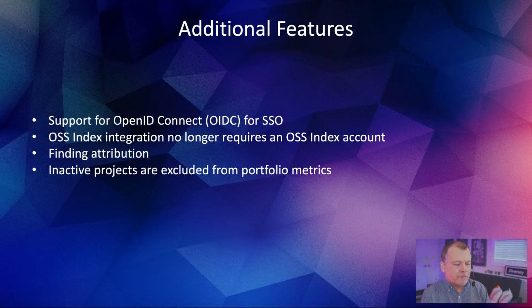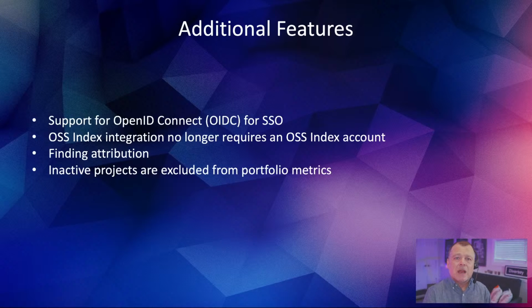A change for performance metrics was really about how can we handle inactive projects. It doesn't really make any sense to include these in portfolio metrics. It's a waste of CPU cycles. It leads to grossly inaccurate portfolio metrics.